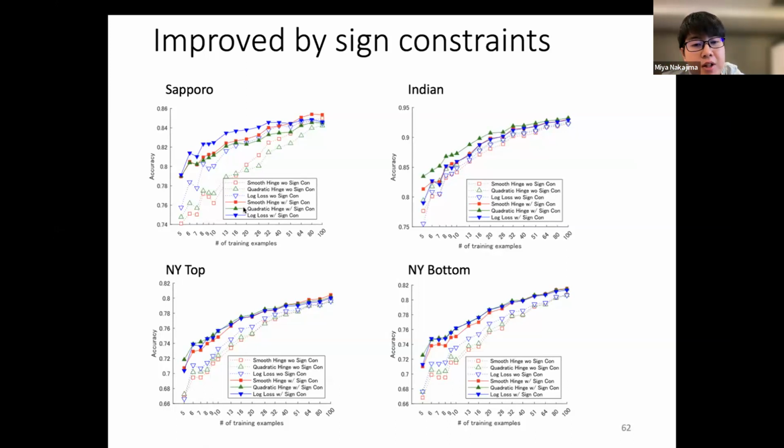The solid curves indicate the accuracies of predictors optimized under sign constraint, and the dashed curves are the accuracy when the sign constraints are not employed. It is noteworthy that the predictive performance has improved with the use of sign constraint, regardless of the loss function employed. From these results, we have been able to verify that the predictions made through sign constraint are indeed effective.